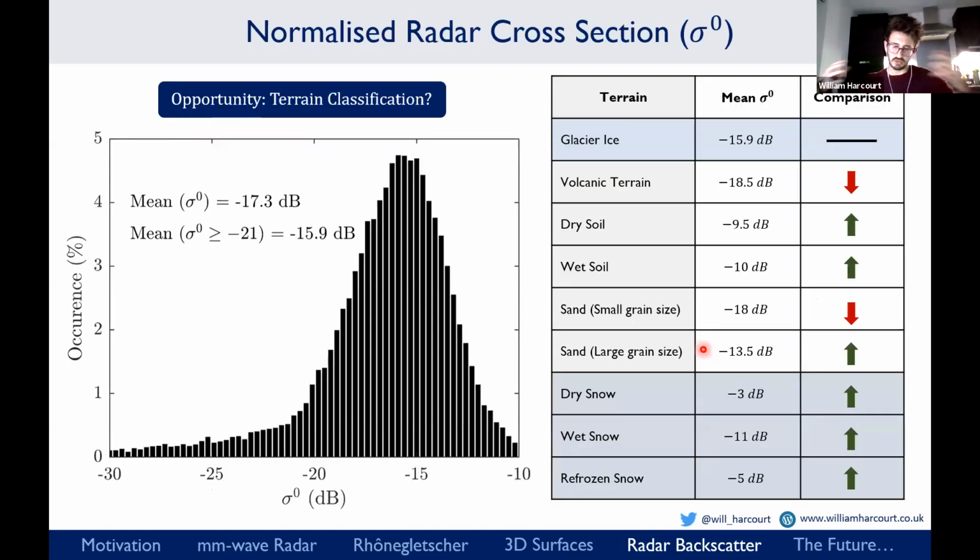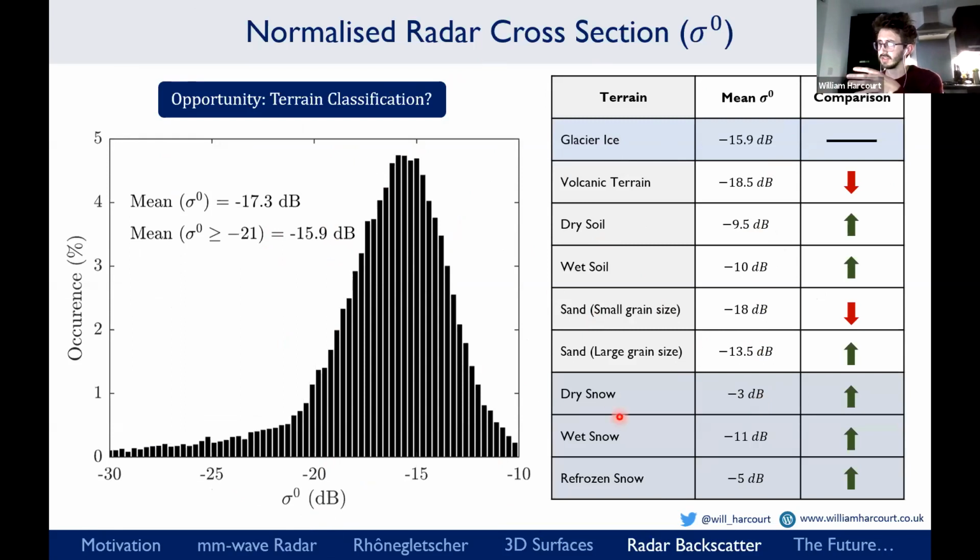And to put this into context with literature values of 94 gigahertz sigma naught normalized radar cross-section values, we've plotted here the histogram of sigma naught for that entire scene, and we've calculated a mean value of minus 15.9 dB. If you compare this to all these other values, we've got volcanic terrain, soils, and sands, where soils tend to be slightly higher than glacier ice.